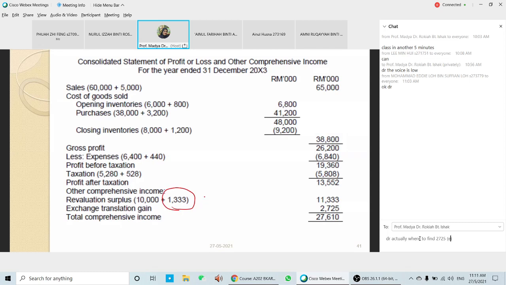This one is from a revaluation surplus in foreign. So the total here will be 13113. And then look at the exchange translation difference here, it is only for a currency. So for the currency you have 2725. This 2725 here is only for the parent's foreign because this exchange difference exists from the foreign only.